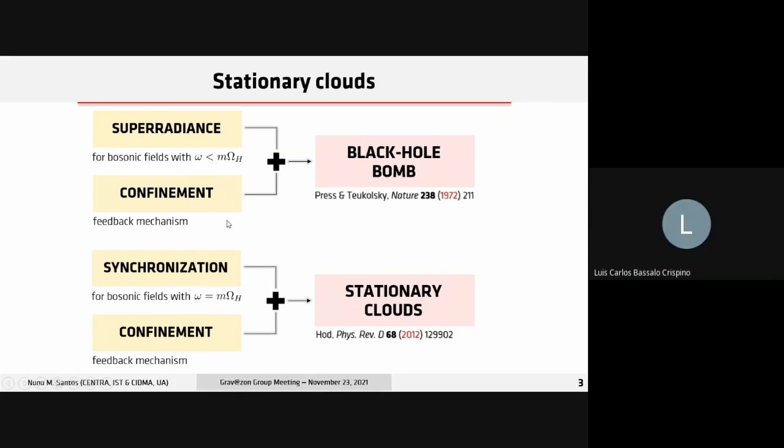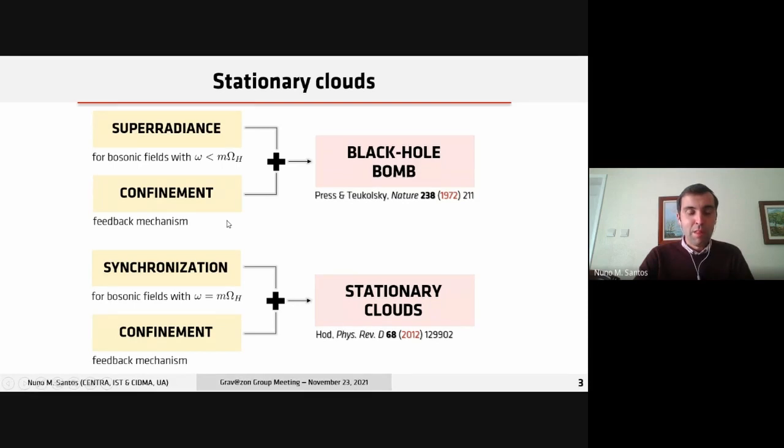Yes, we can. Superradiance takes place when the phase angular velocity, or frequency omega, of the field satisfies this inequality, where m is the azimuthal harmonic index and capital omega h is the black hole's angular velocity.